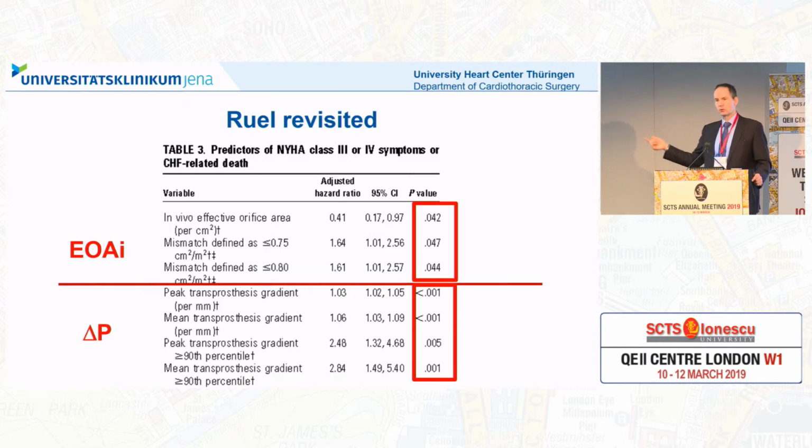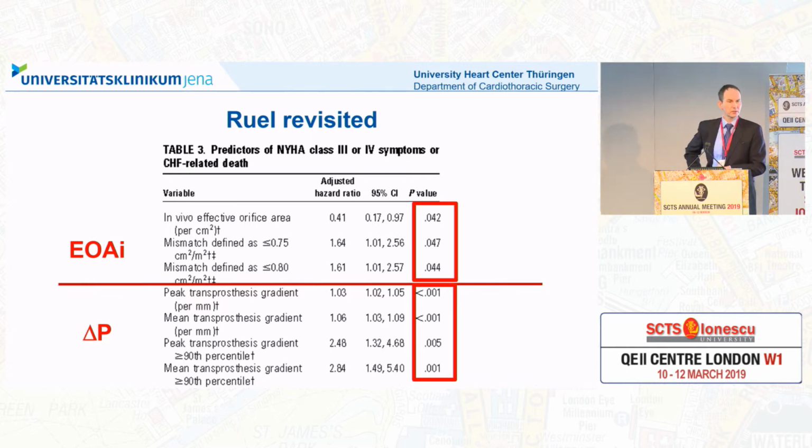And let's go back to the Ruel paper. I've shown you that for symptoms, he had EOAI, the effective orifice area index, found to be relevant and significant for PPM. That was PPM assessed with EOAI for symptoms. And the statistical significance here was barely just under 0.05.